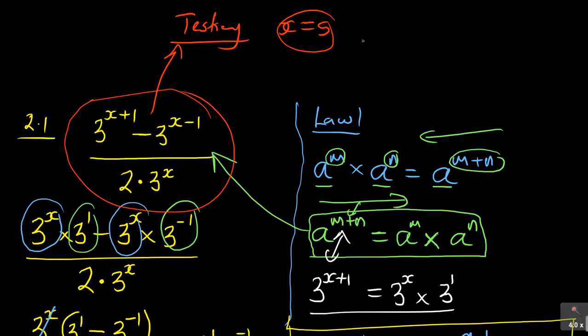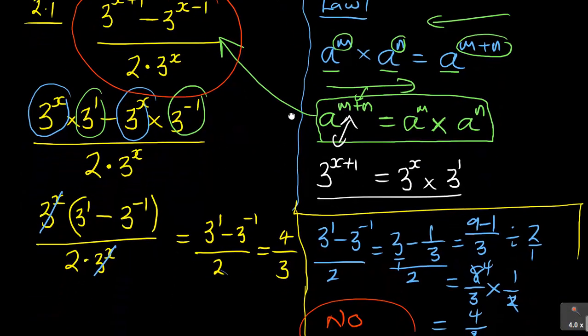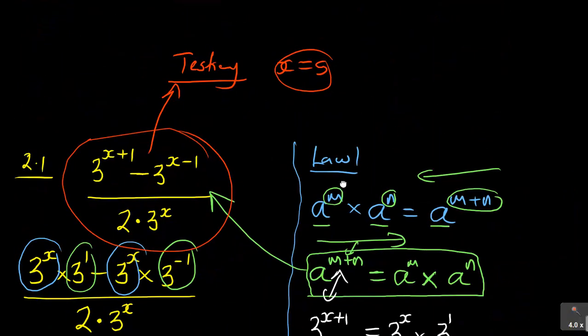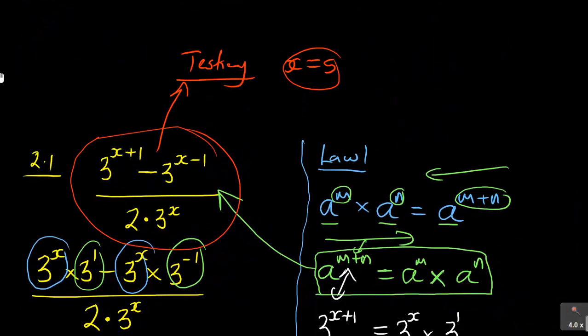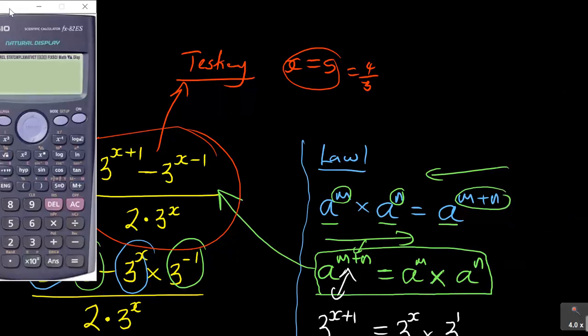It must simplify to our final answer. Remember, our final answer was 4 over 3. So we must get here the simplified version of 4 over 3. Whatever value of x we choose, it will still go to 4 over 3. So you can do that even before you use the calculator. You could have actually done that.